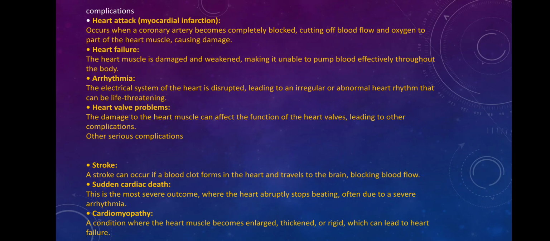Sudden cardiac death is the most severe outcome, where the heart abruptly stops beating, often due to severe arrhythmia. Then cardiomyopathy, the condition where the heart muscle becomes enlarged, thickened or rigid, which can lead to heart failure.